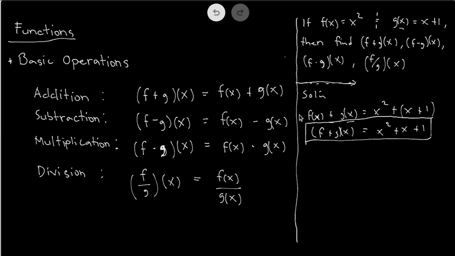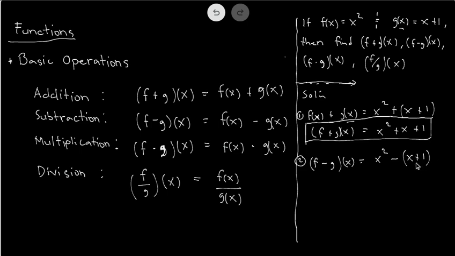Okay, diba? Number 2, f minus g of x. So same sa kabila, di ba? So pwede na nating, so madali lang naman yung example. So lagay na natin f minus g of x is equal to same. So x squared minus x plus 1. Diba?